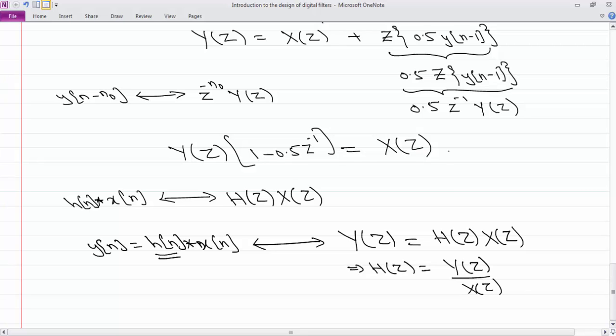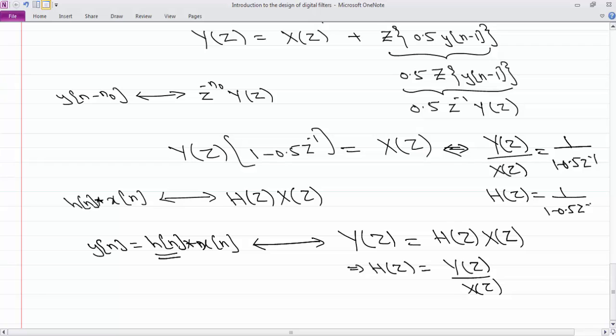So I basically bring X(z) to the other side, cross multiply, and I get 1 over 1 minus 0.5 z inverse, and this is effectively H(z). Now I have found the Z transform of my impulse response.